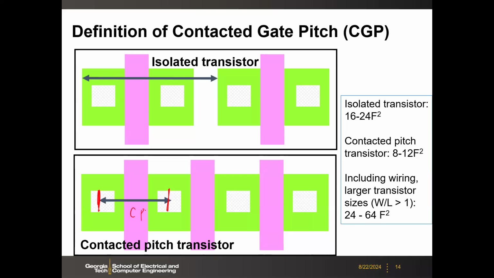This is the CPP or CGP as we discussed: the center of the source contact via to the center of the drain contact via. Here, if you still use F, like the gate length, then in total you will get this kind of dimension depending on the design rule. How many F you may need between those spacings.